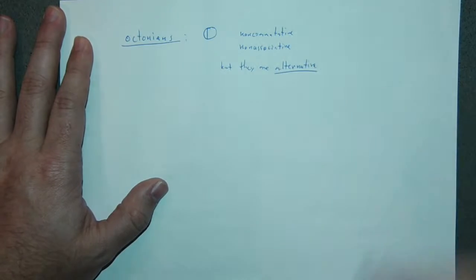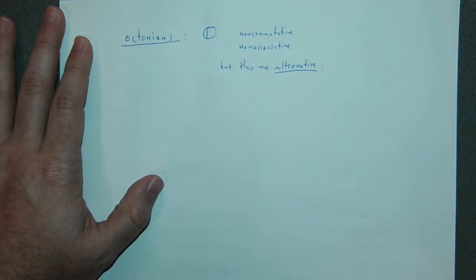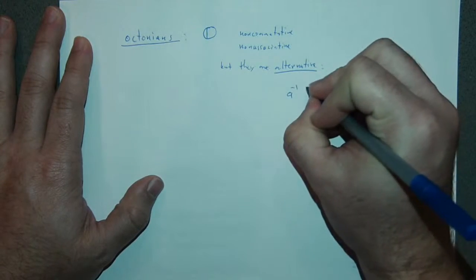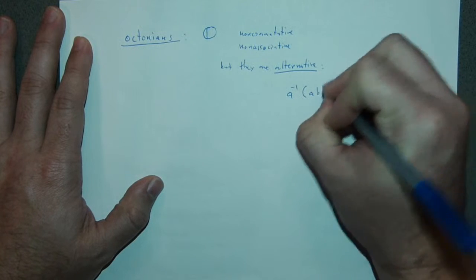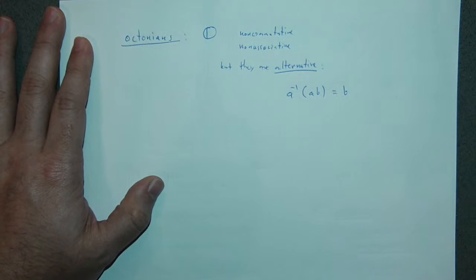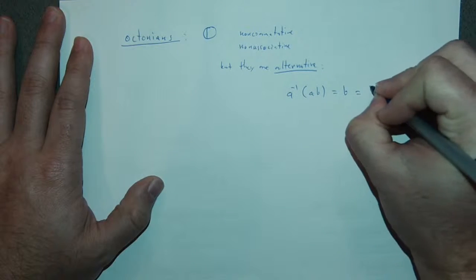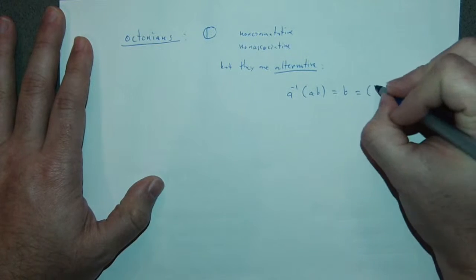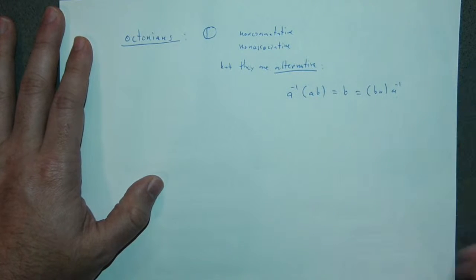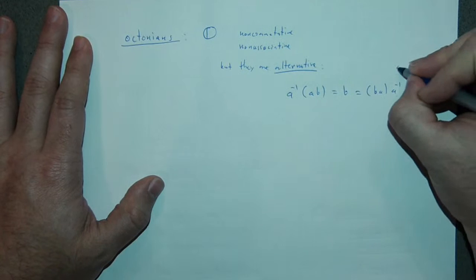So alternativity is the following property. It means A inverse times AB, associated in this way, is B, which is also BA times A inverse. This is the Alternativity Law.